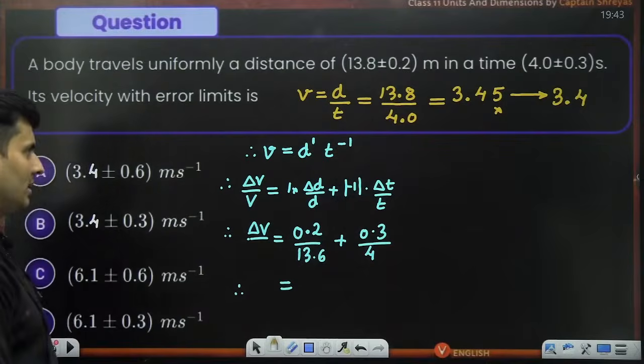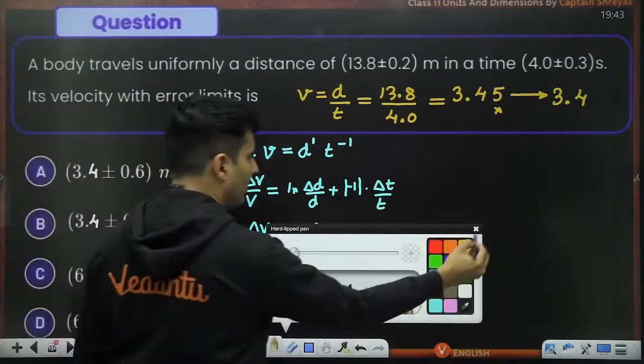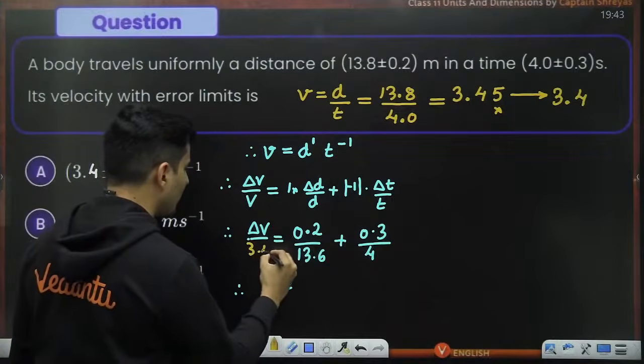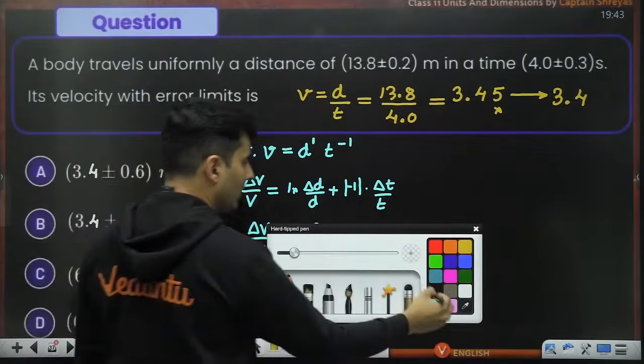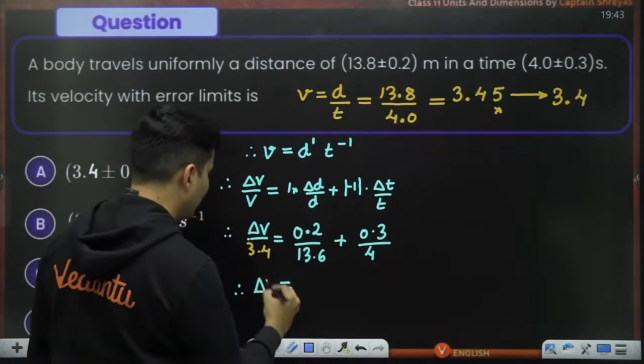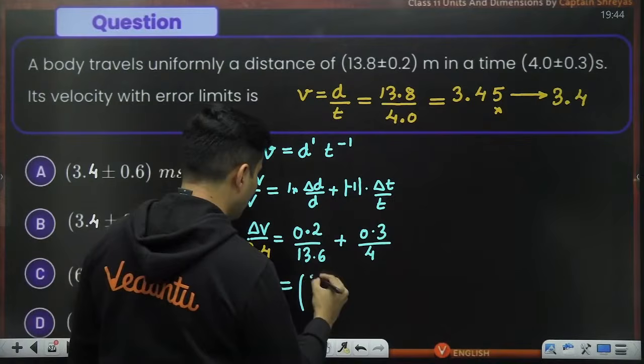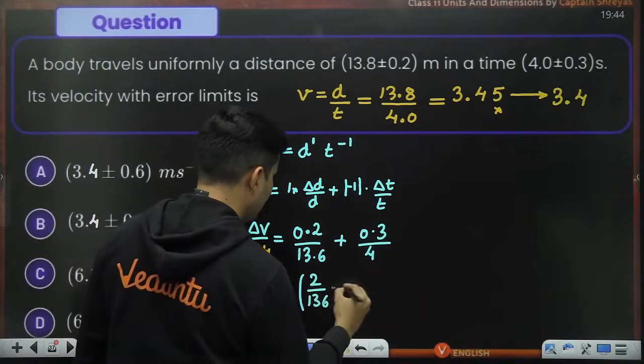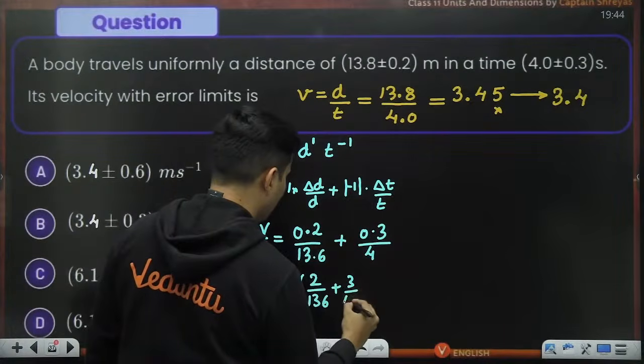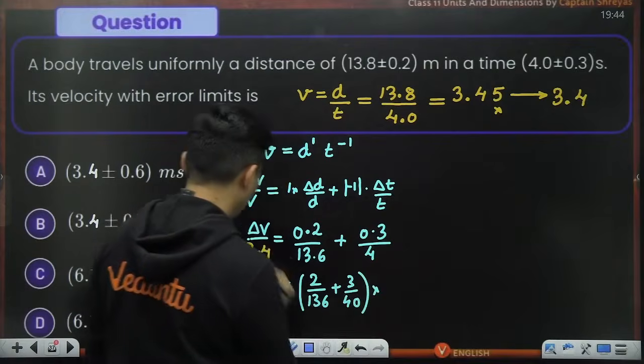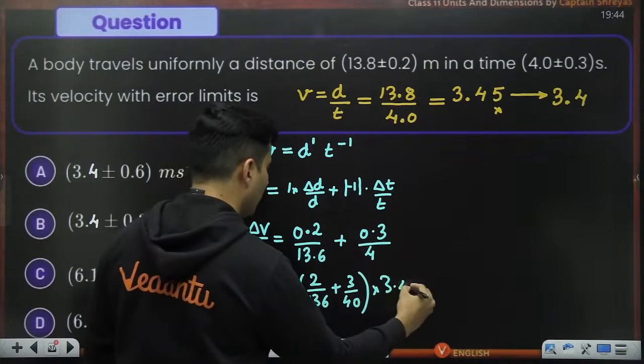Yeah, 3.4 seems to be fine. Now use that same 3.4 over here, because from that you will get the value of delta V. So delta V will be 2 divided by 136 plus 3 divided by 40. The whole thing multiplied by 3.4.